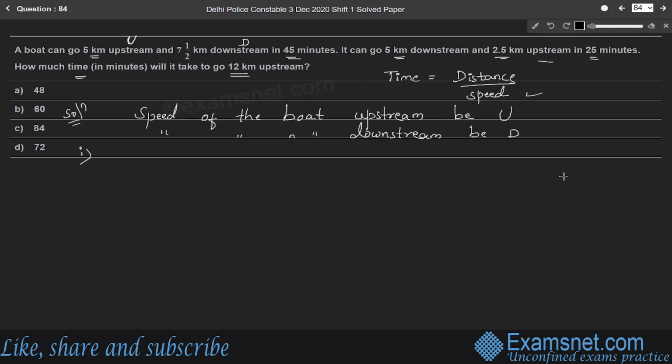In the first part, the boat can go 5 km upstream and 7.5 km downstream in 45 minutes, right? So therefore, the time taken by the boat to go 5 km upstream and 7.5 km downstream.